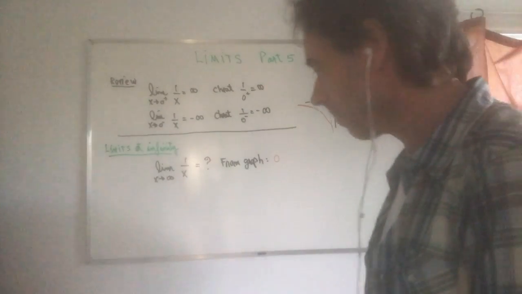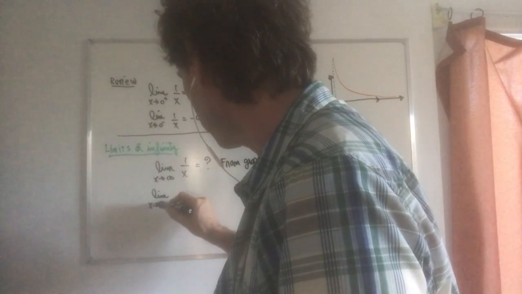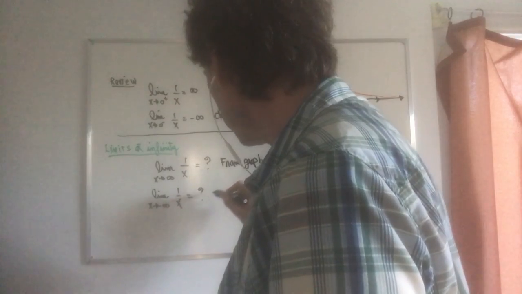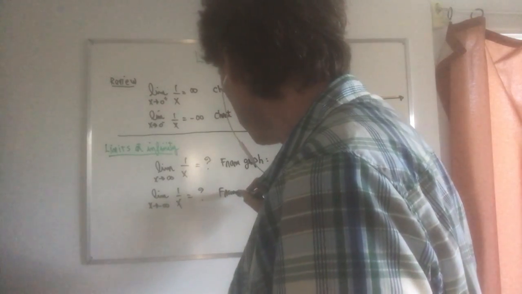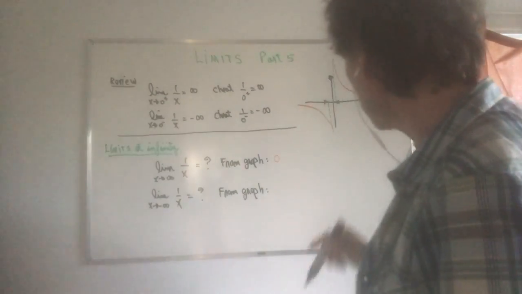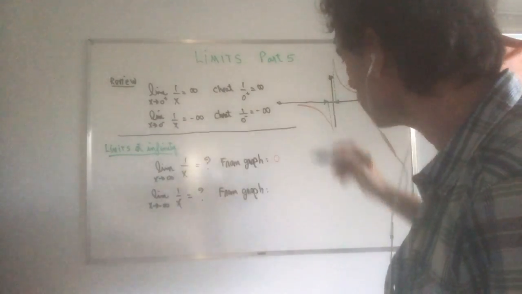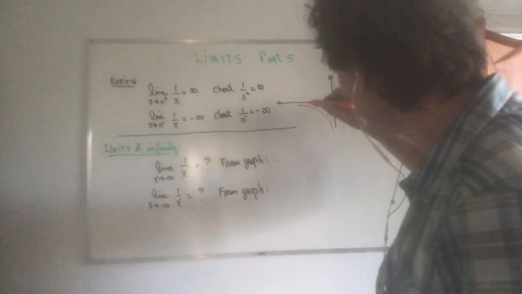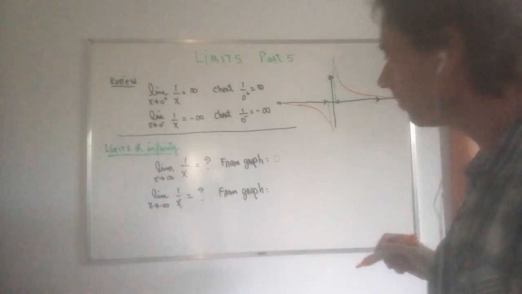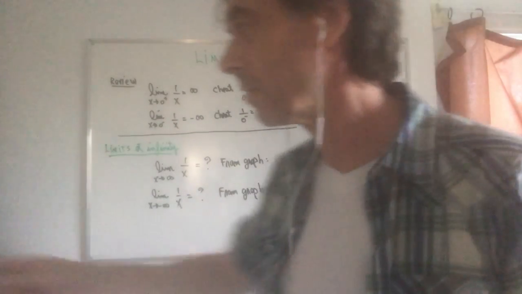Right? Now, if we approach negative infinity with our x's, what is going to be the y value being approached from the graph? Well, this time we want to be very, very far this way. So the graph is going to be, because it's a horizontal asymptote, getting closer and closer to what y value? 0, of course.